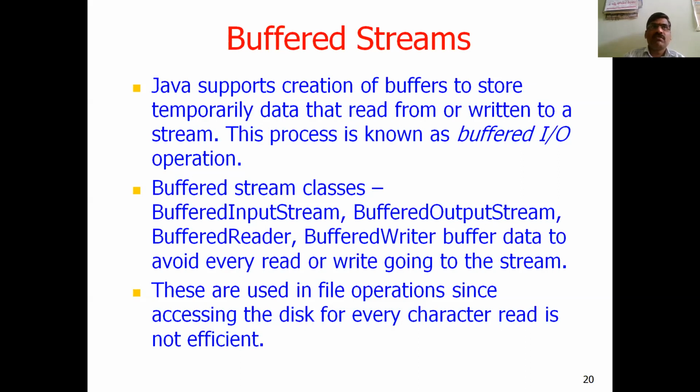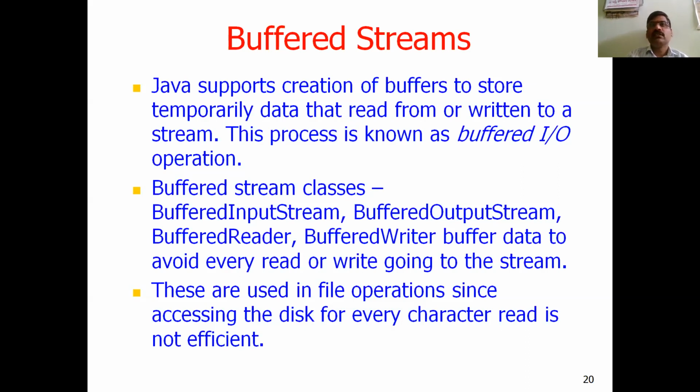So when we have external devices for performing these input and output operations, every time, every character or every byte when you want to read from or write to the external devices, it is a time consuming process.